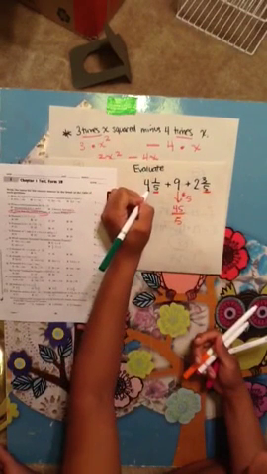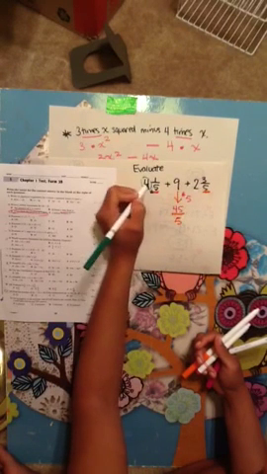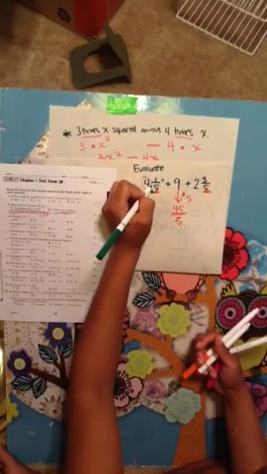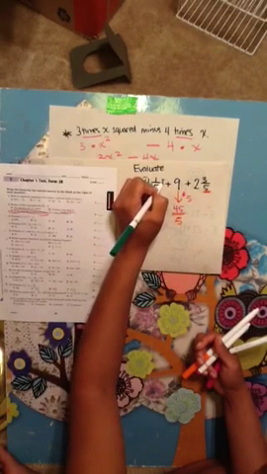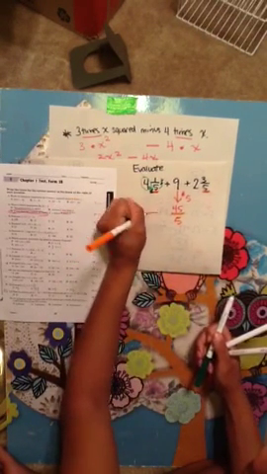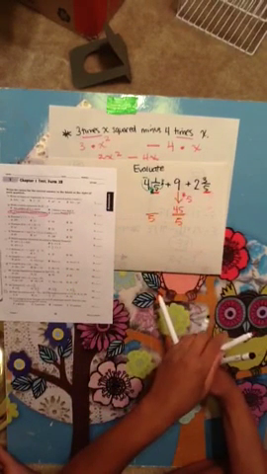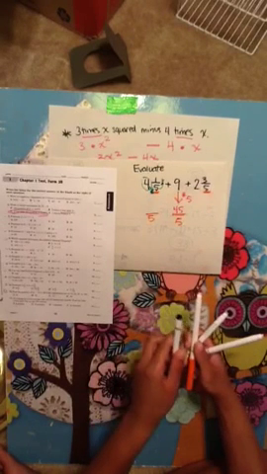To do that, you need to take whatever number is here, times it by the denominator, then add it to the numerator. And it's going to be over 5 because that's what we want. So 4 times 5 is 20 plus 1 is going to be 21.